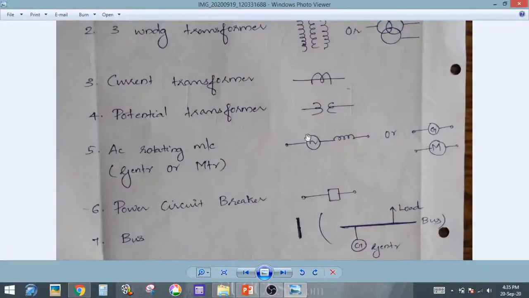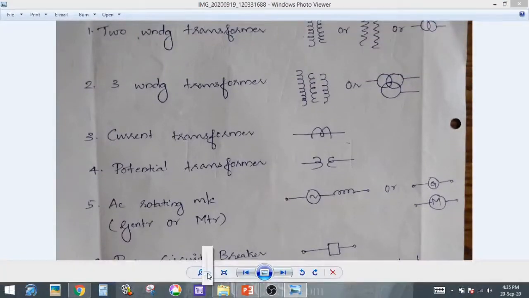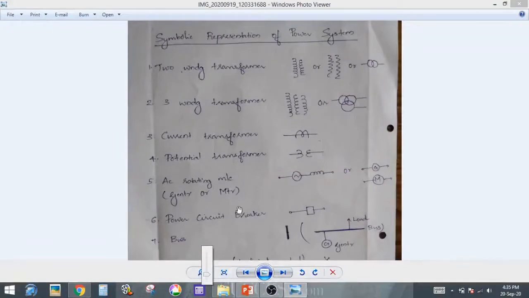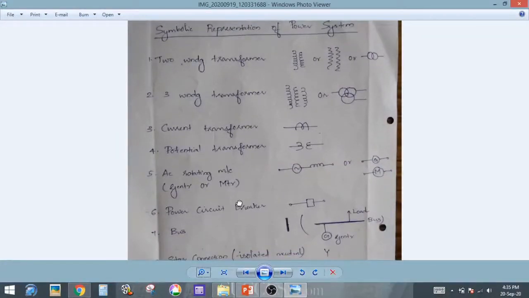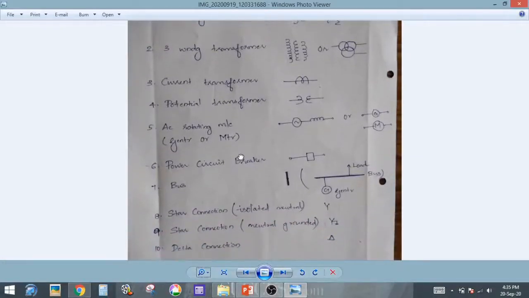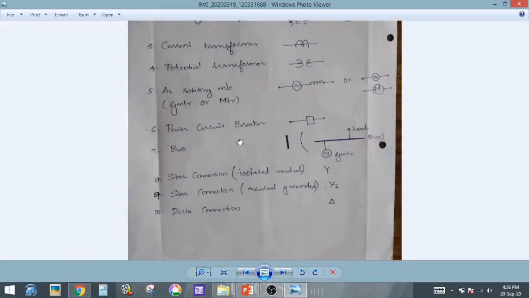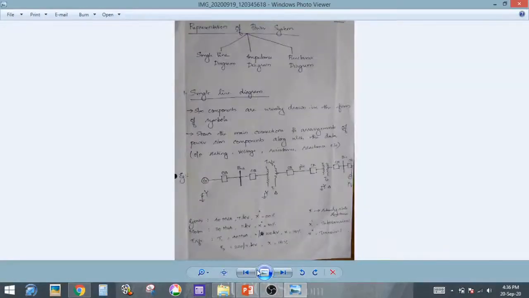So in this section, how we can represent the power system by using certain symbols or symbolic representation of power system. For a 2-winding transformer, 3-winding transformer, current transformer, potential transformer, AC rotating machine, generator or motor, power circuit breaker, bus, star connection, delta connection, then star connection with neutral grounded.